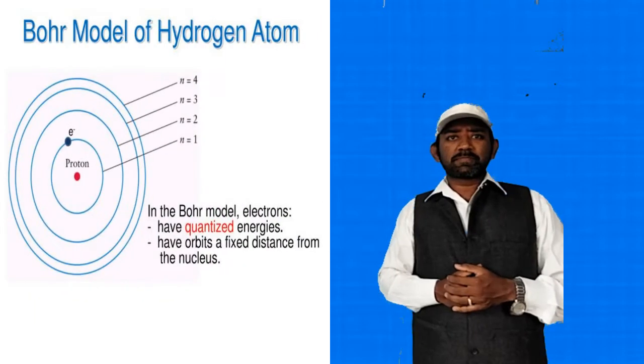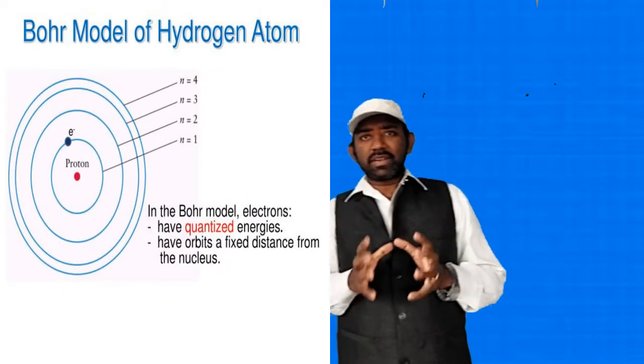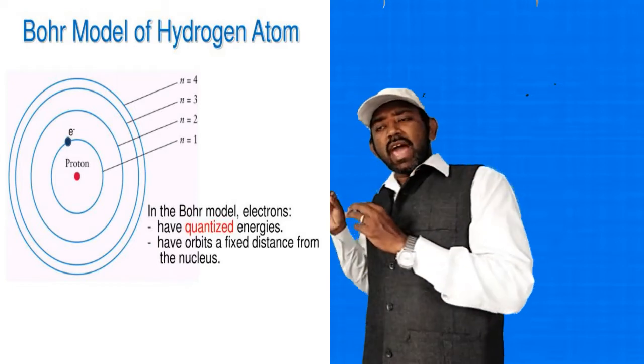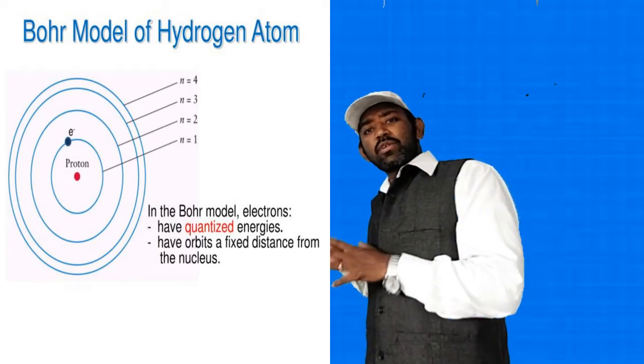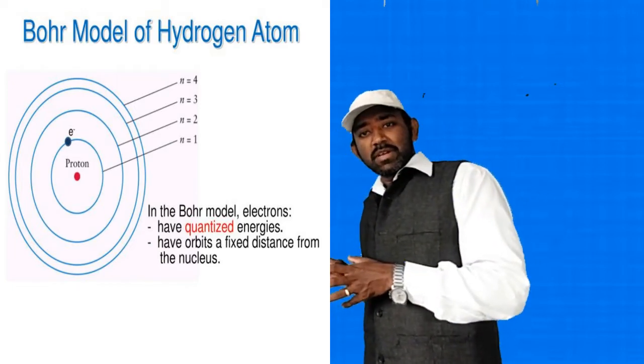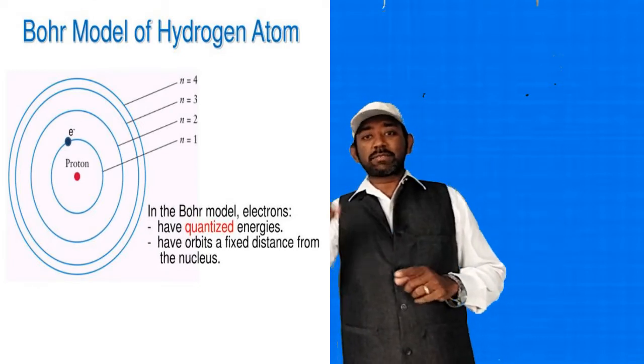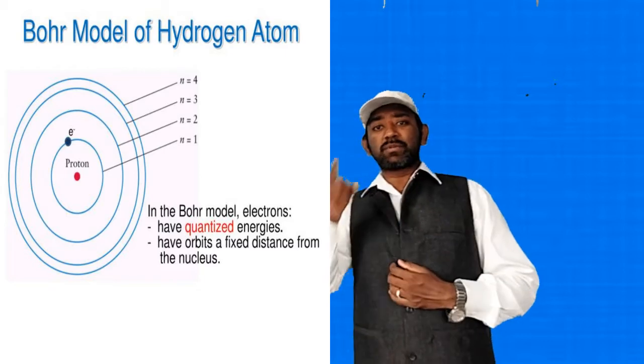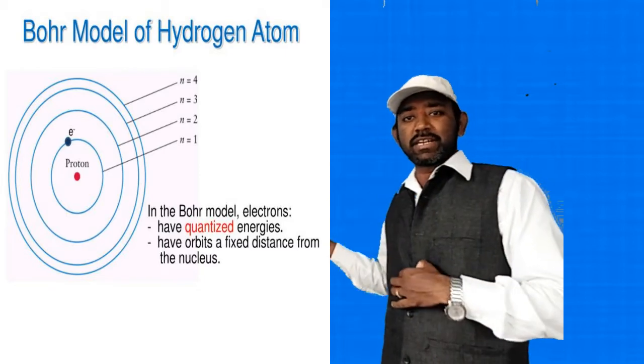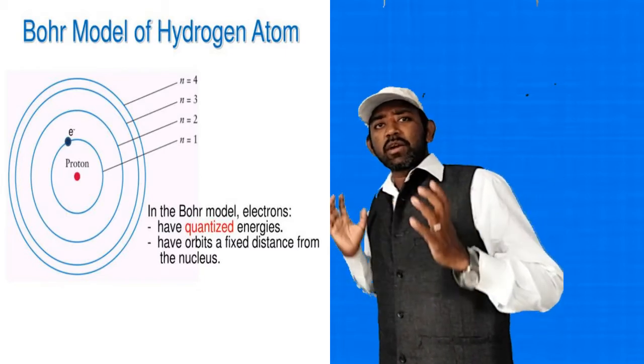The second one is, in stationary orbits, the angular momentum of the electron is quantized. The electron is not present in all the orbits. It is present only in those orbits which satisfy this condition, that is, the angular momentum of the electron is quantized.